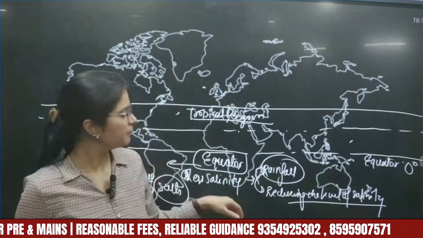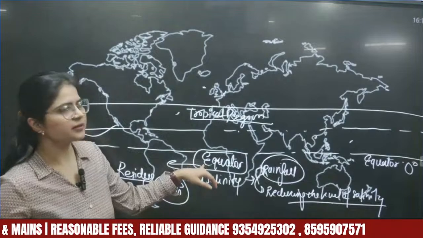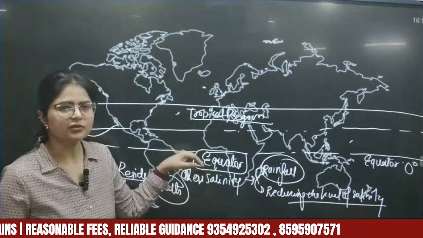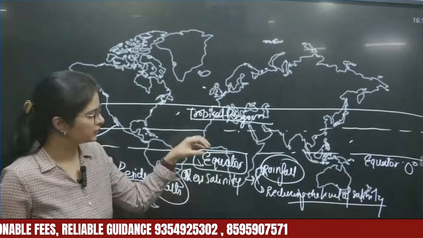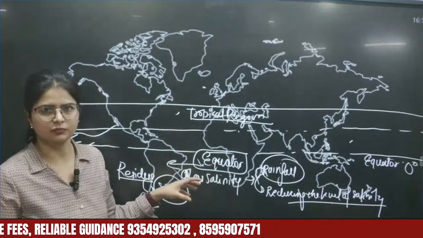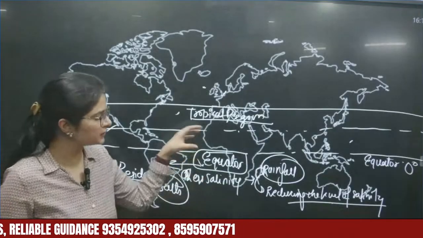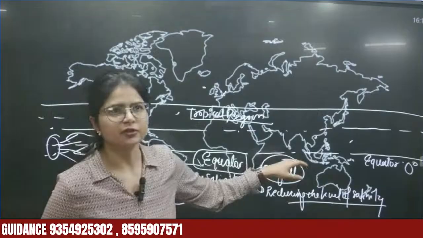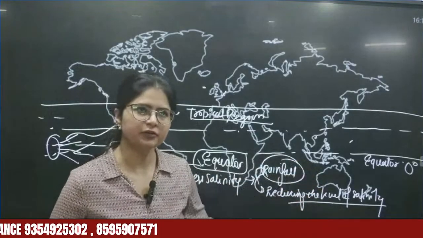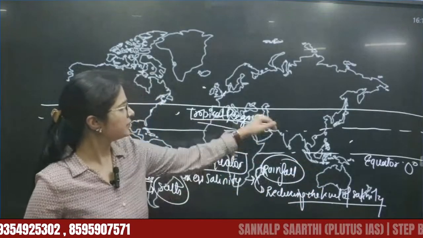But the point here at the equator is that the equator is also receiving an abundant amount of precipitation, and since it is receiving precipitation, the level of salinity is reducing at this place.